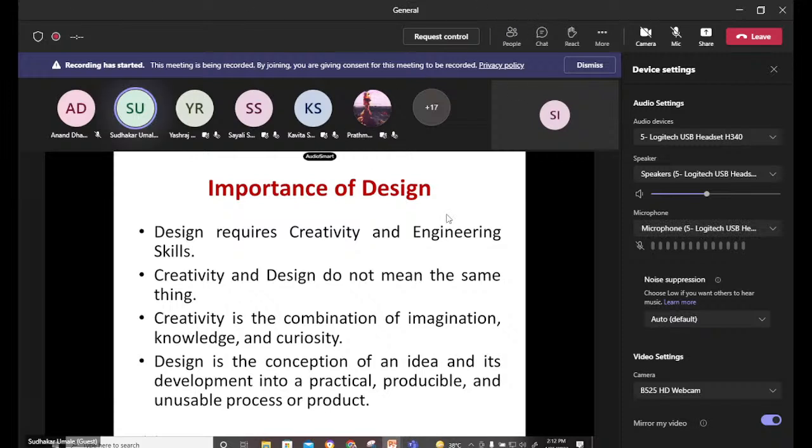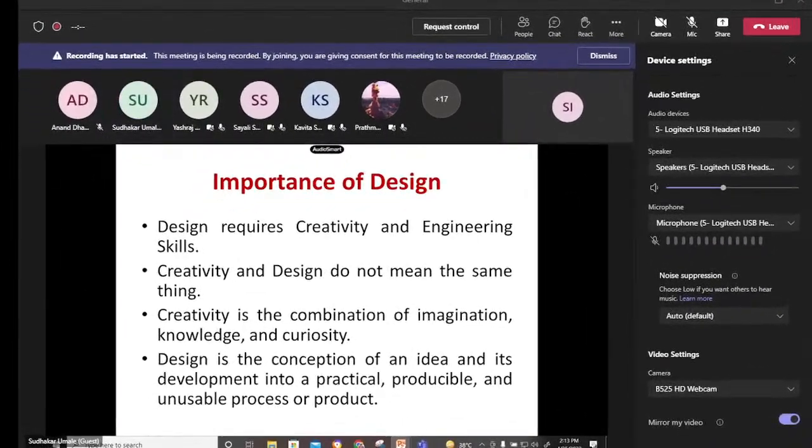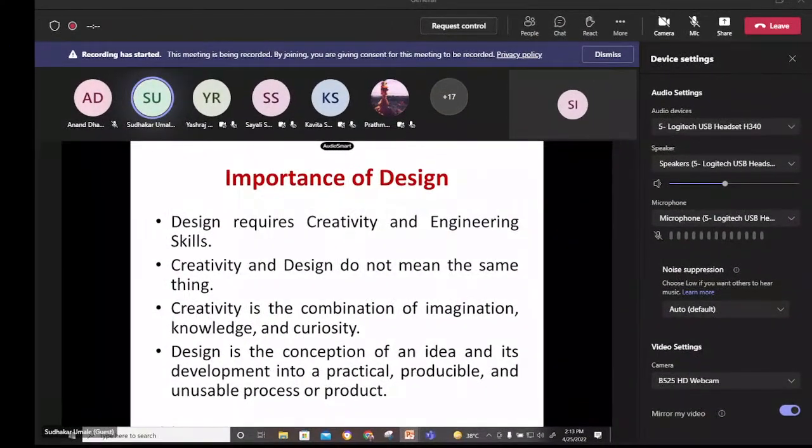You must know the importance of design. Design requires creativity and engineering skill. I will not explain the importance of creativity and engineering skills. Creativity is very well known, and engineering skills too.